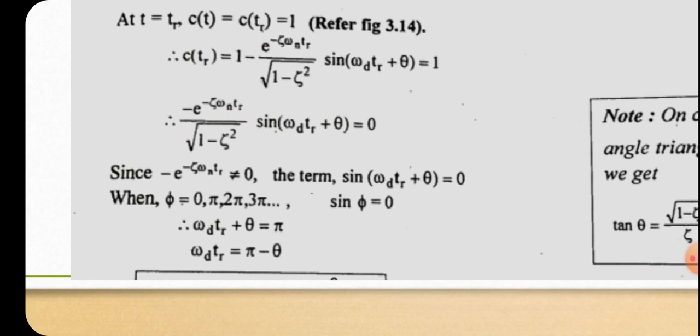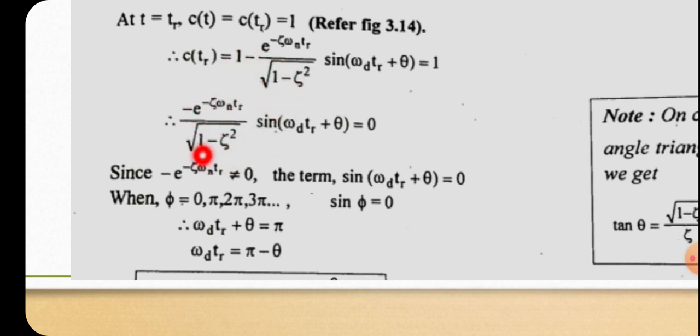Here you can see that the product term will be equal to 0. That means either this term will be equal to 0 or this term will be equal to 0. When this is equal to 0, since this is an e raised to minus term, it would correspond to an infinity term. So this will not be 0.